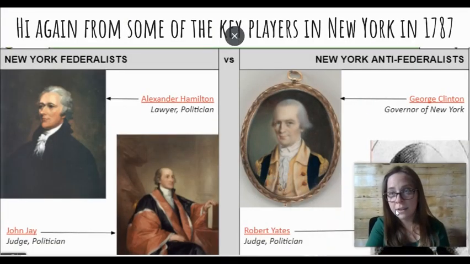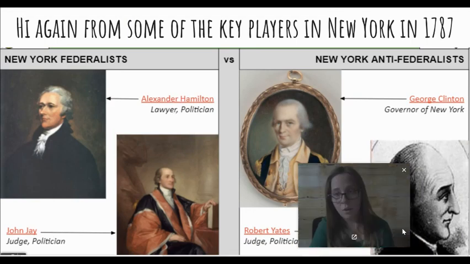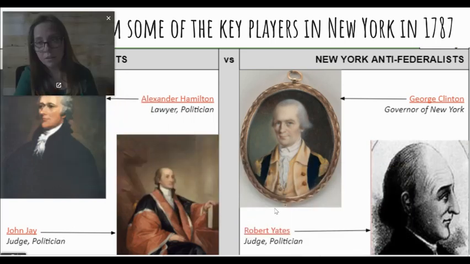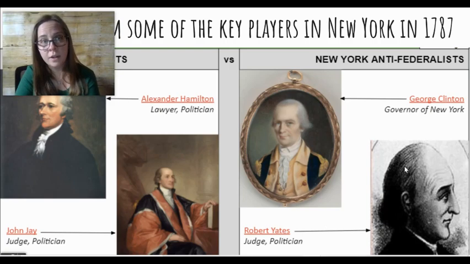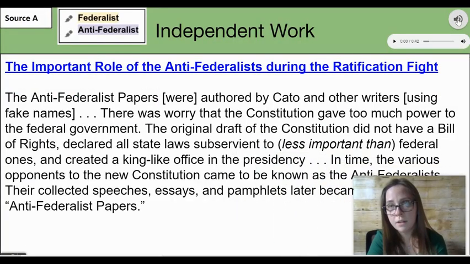Here were some of our key players. Remember them? They're saying hi again. Over the next couple sources, you are going to see some from Hamilton, one from John Jay, one from Clinton, and other people in New York at this time. So let's look at the first one together. We can press the audio button or we can read it together.